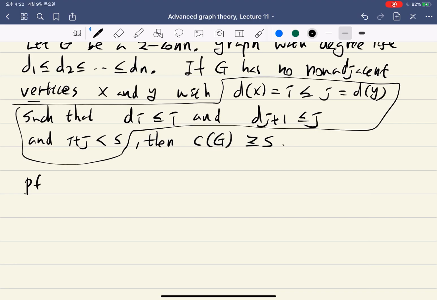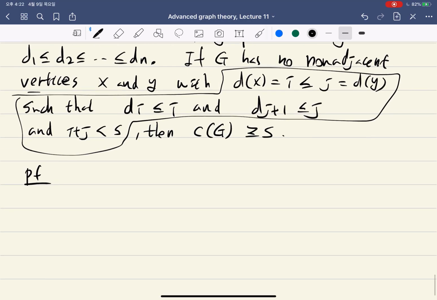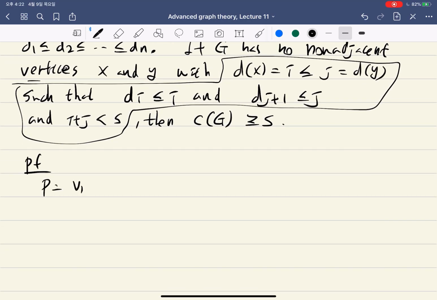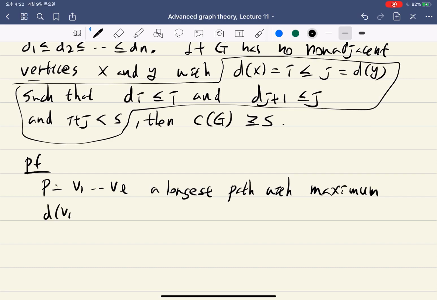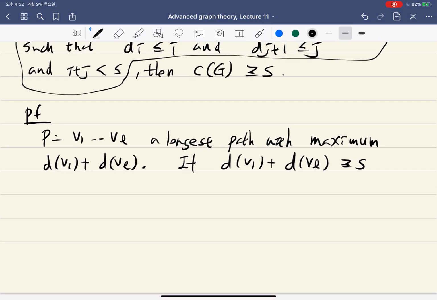So let's prove this. Among all longest paths in G, again we choose P1 to PL, our longest path with maximum degree sum of the vertices at the end. And if the degree sum is at least s, then Bondy's lemma implies the conclusion.